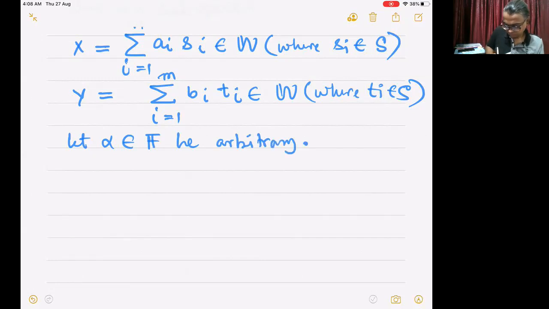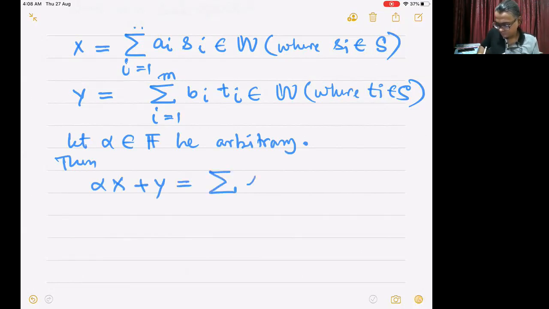Then look at what happens to alpha x plus y. Well, alpha x plus y is nothing but the summation of alpha a_i s_i, i going from 1 to n, plus the summation, i going from 1 to m, of b_i d_i.